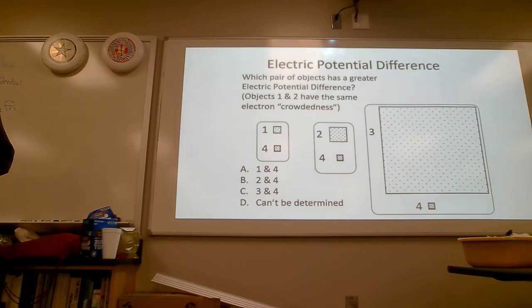The correct answer is C. There's a bigger contrast in crowdedness between 3 and 4 than between 4 and 2 and 4 and 1.